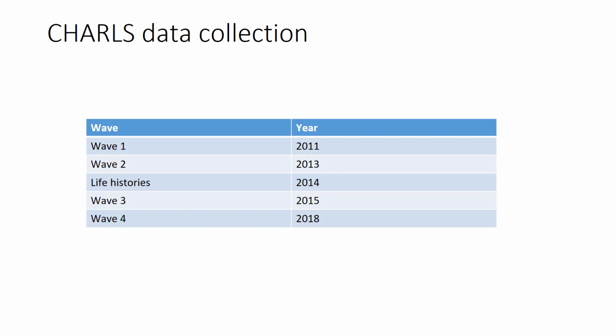We have life histories between 2013 and 15, so between wave 2 and wave 3. Everyone who was a respondent in wave 1 and wave 2 and was still around in 2014 was interviewed. Anyone who entered CHARLS later at wave 3 or wave 4 will not have a life history interview.